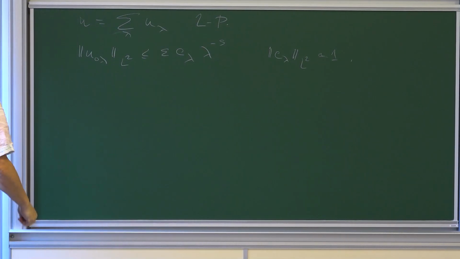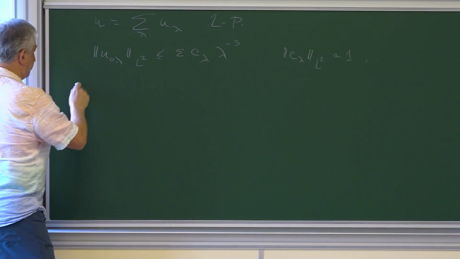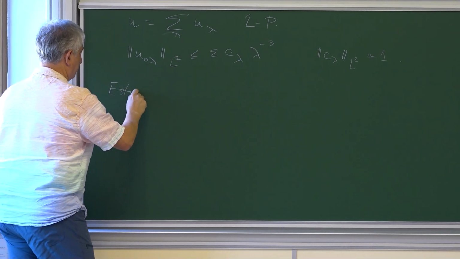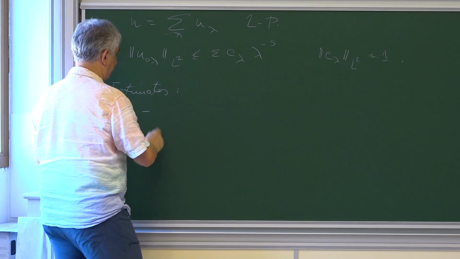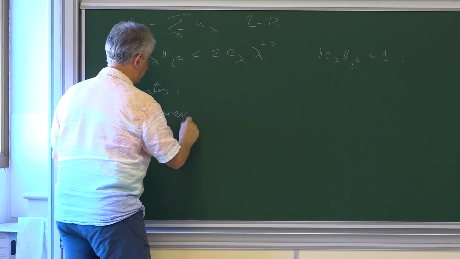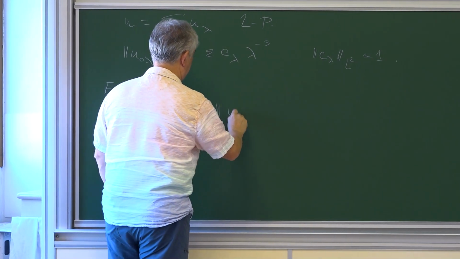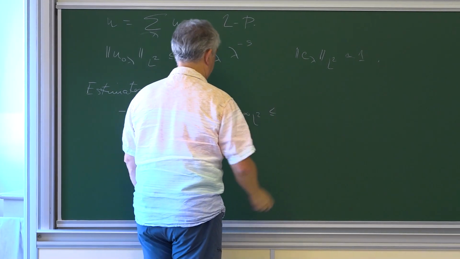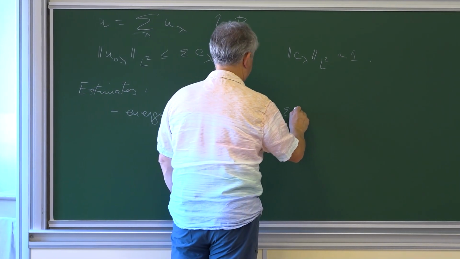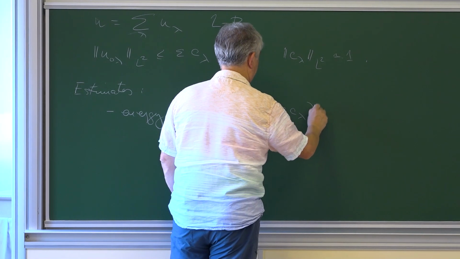And then the estimates that we wanted to prove were, first of all, the energy estimate, which is the norm of v_λ in L^∞ L², smaller than ε c_λ λ^{-s}.